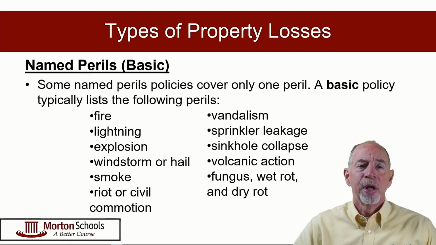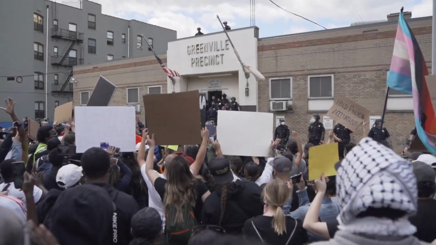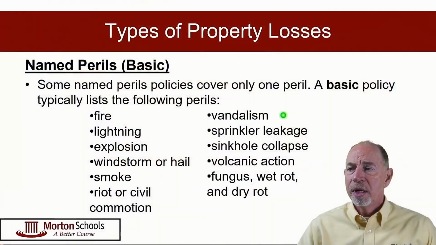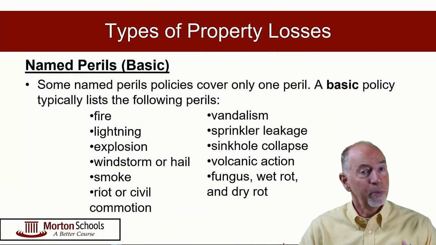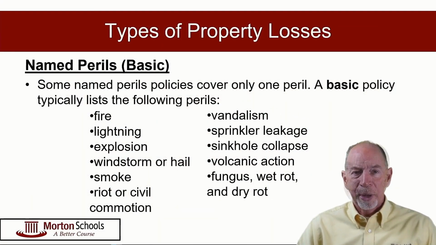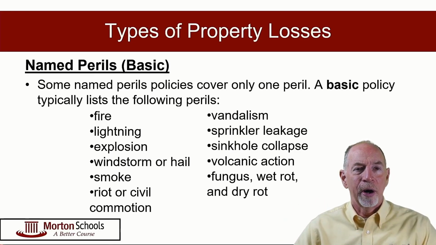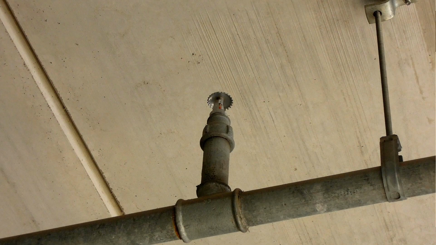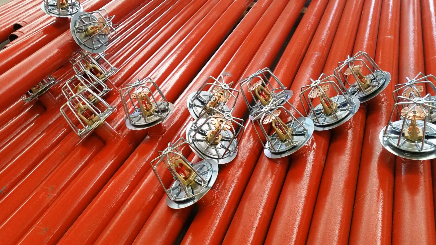Riot and civil commotion would be typically a theft or vandalism loss directly connected with that. Vandalism added separately, once again, varies from policy to policy. Now, sprinkler damage, what is that? Well, that's not the sprinklers in your yard. In a lot of commercial buildings and in some residences, you can have those fire sprinklers that are up in the ceiling.